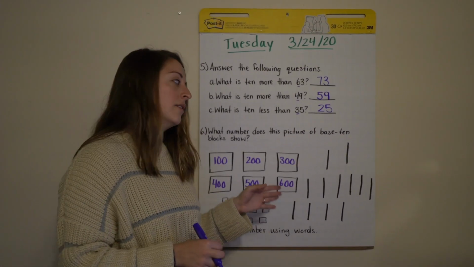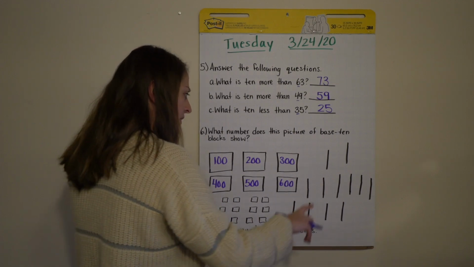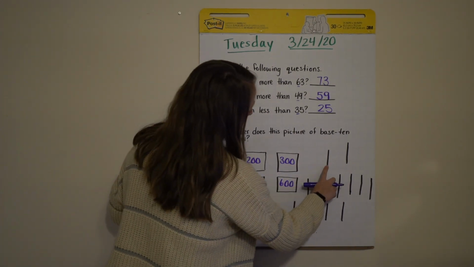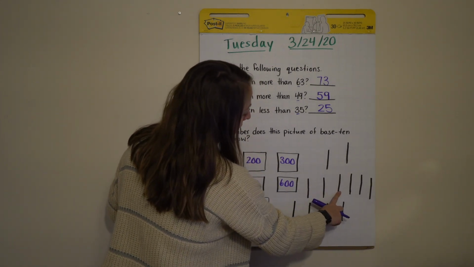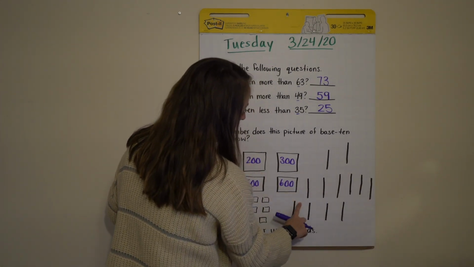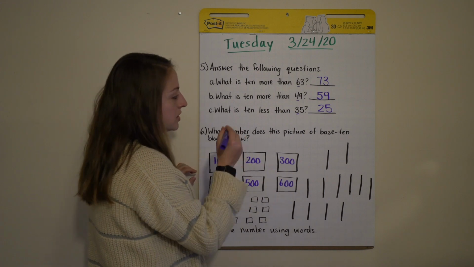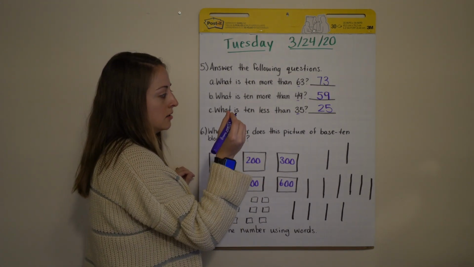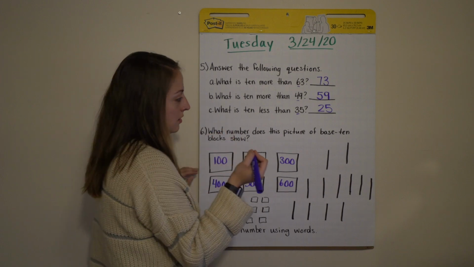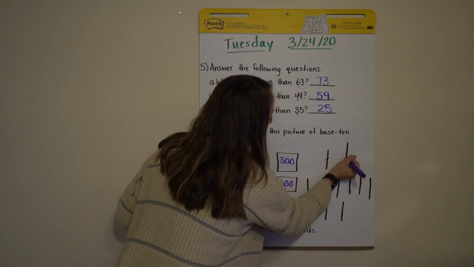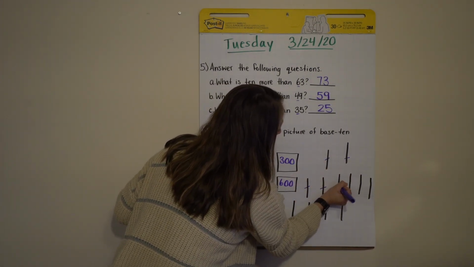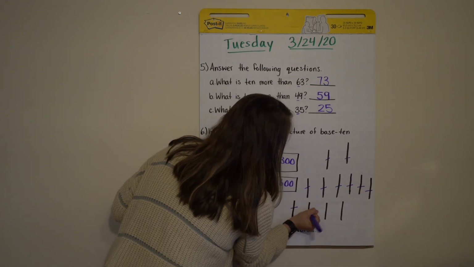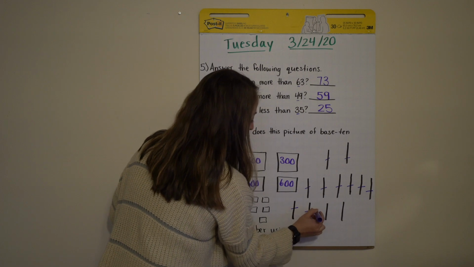Okay, I'm going to go ahead and finish this problem. I'm going to see if I have 10 10s that I can regroup. 1, 2, 3, 4, 5, 6, 7, 8, 9, 10. Okay, now I'm going to mark it so that I don't make any mistakes and making sure I circle 10 10s. 1, 2, 3, 4, 5, 6, 7, 8, 9, 10. Okay, so I have 2 10s left over.